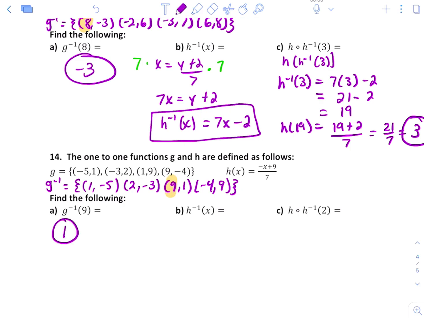All right, so part A is 1. And then we're finding the inverse of h.